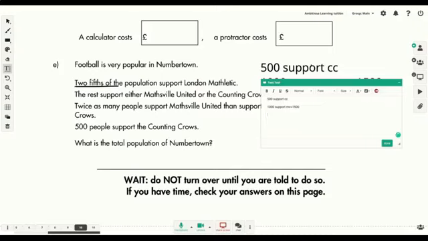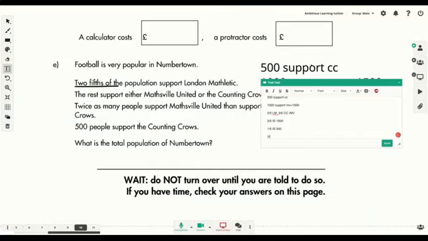If 2/5 support LM, and 3/5 of them support CC or MV, then you know that 3/5 is how much? 1,500, versus 1/5 is how much? 500.